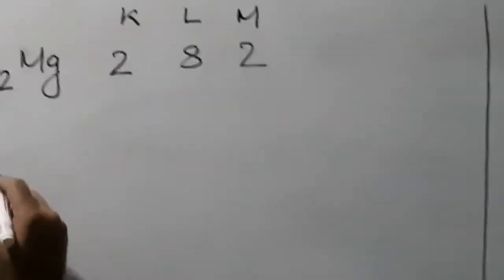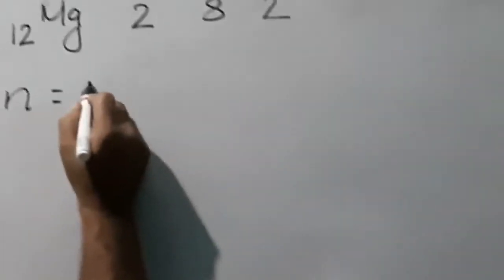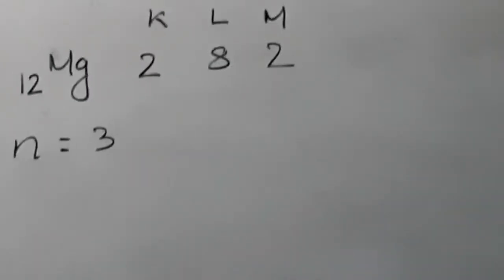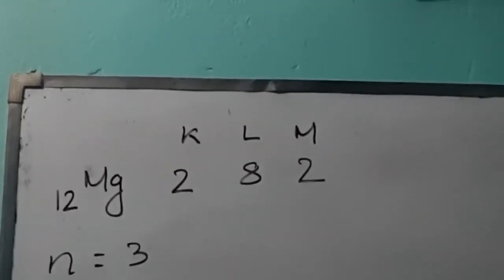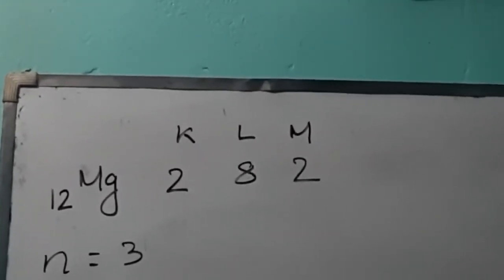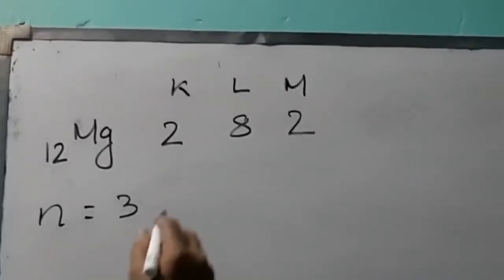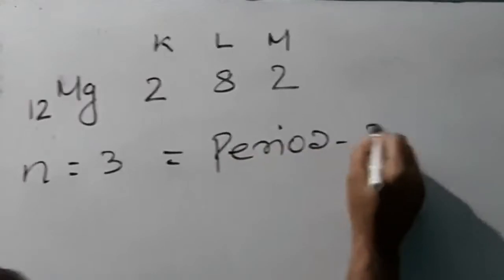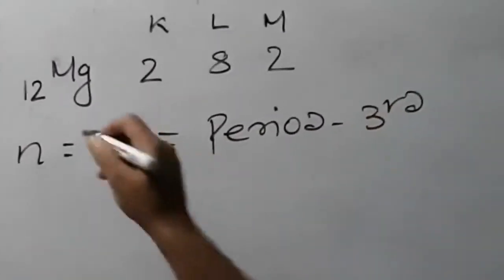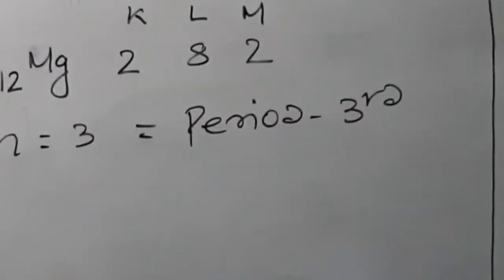Now once again, how many shells are involved? 3. So the period is the third period. Magnesium belongs to the third period.